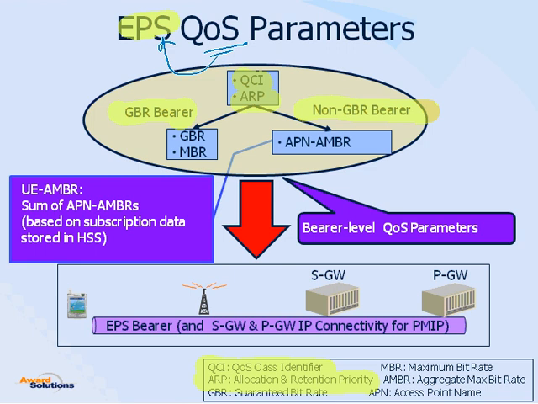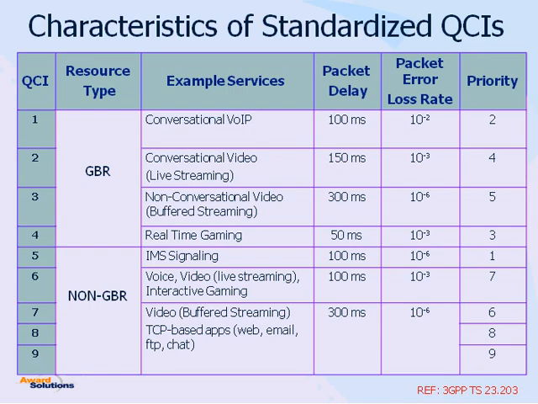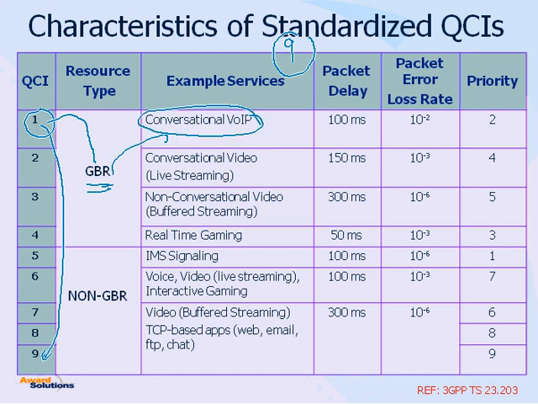Okay. Now let's look at this QCI. In LTE, we have 9 quality of service classes, 9 QCIs, 1 through 9 here. So let's pick QCI number 1. That is a guaranteed bit rate type bearer, and voice over IP would be one example of a service that can use QCI equals 1.